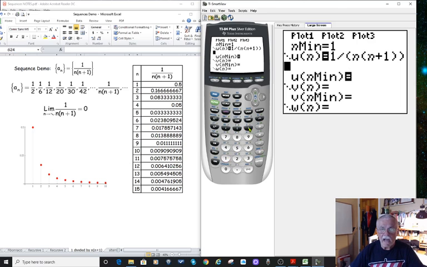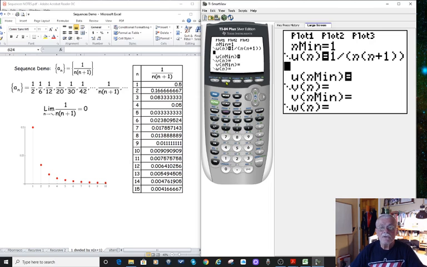Okay, so that would be how we enter our general term. The rest we're not going to bother with. You can do that for other situations later. Notice you have u, v, w, so it allows you to plot 3 sequences at once. We're just going to do 1.